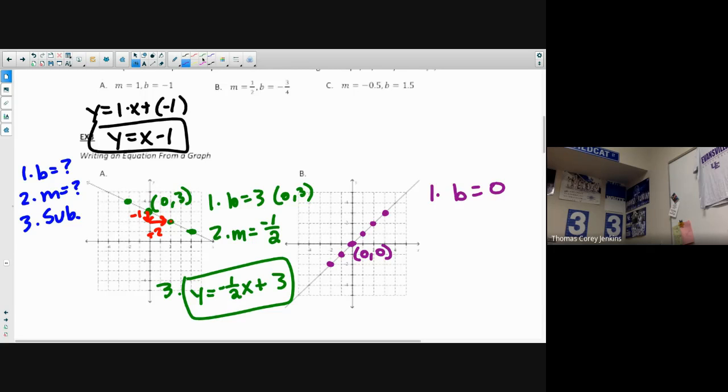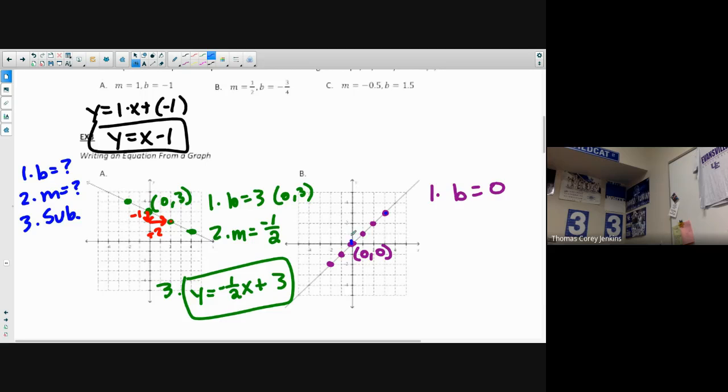Just to show you, since these are kind of close together, let's figure out what the slope is from here, and let's skip a couple and go to there.